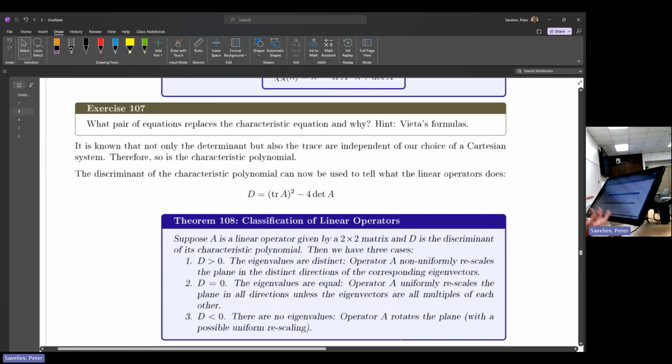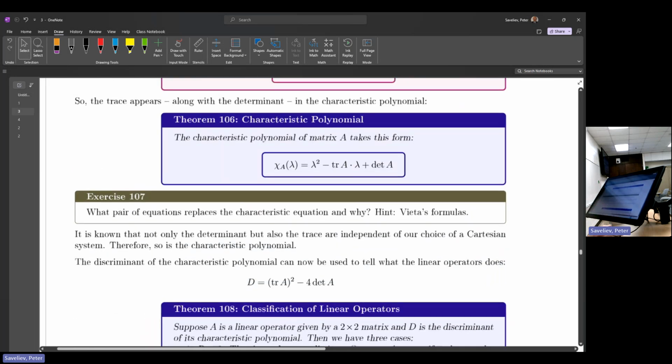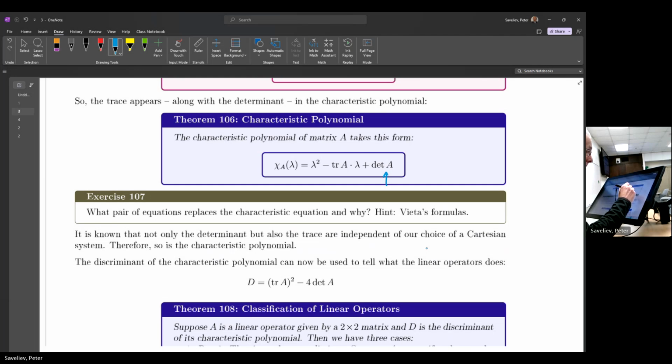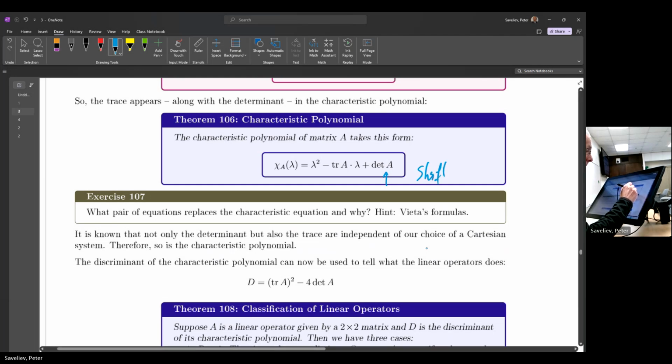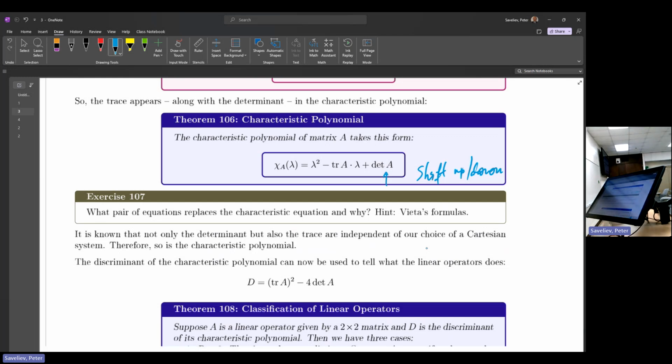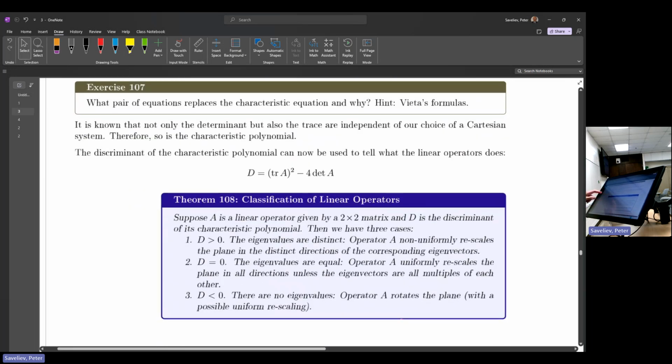As you can see, if you think about what the determinant does, the coefficient without lambda shifts the graph of the function up and down, and so it can create two solutions or no solution. So this is the classification, as best we can tell.